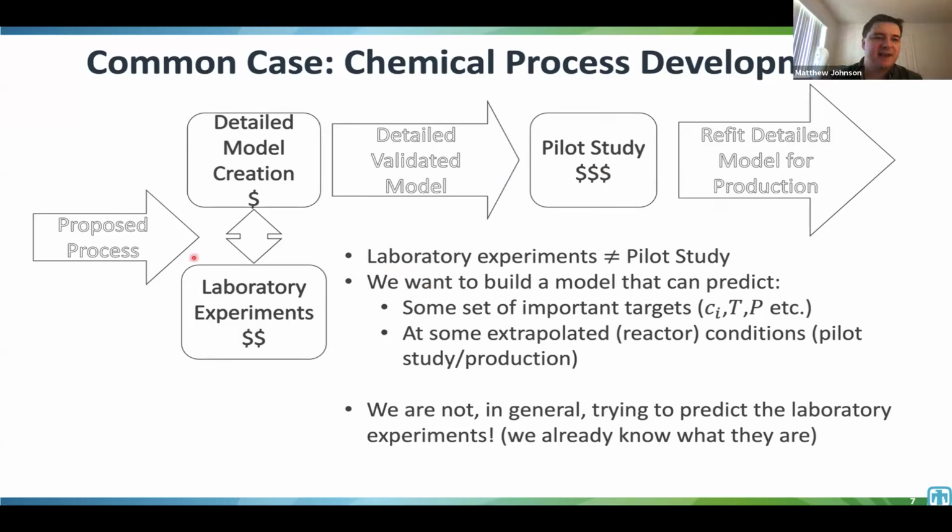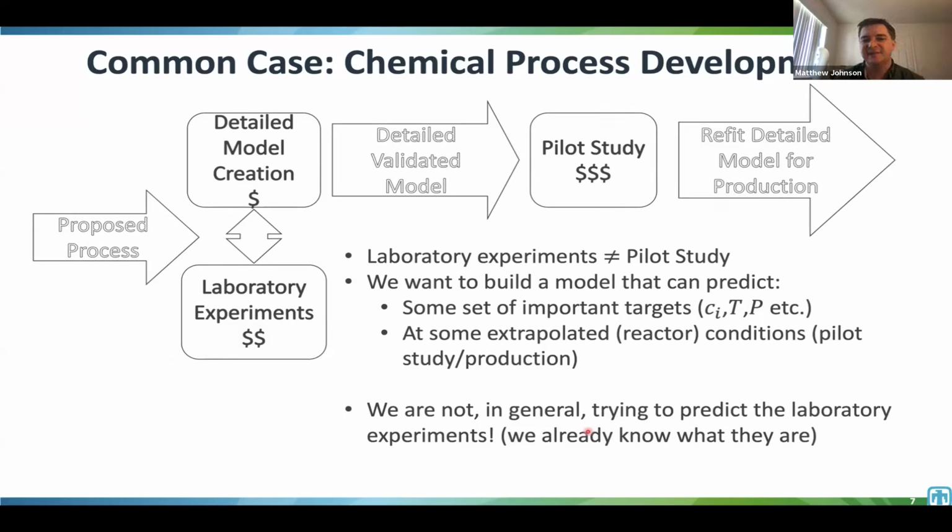In particular, often the laboratory experiments that you might be comparing against in a study are very different from the real system, or whatever system you're trying to predict. And so we're really interested in our ability to use these detailed kinetic models to extrapolate beyond where we have experimental data.